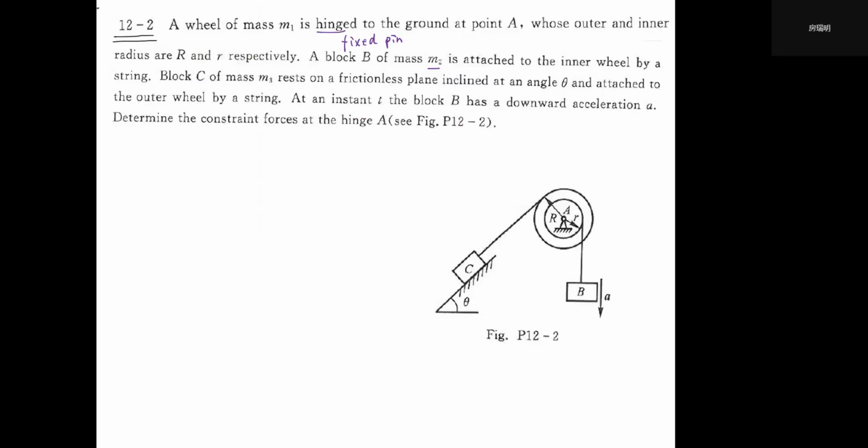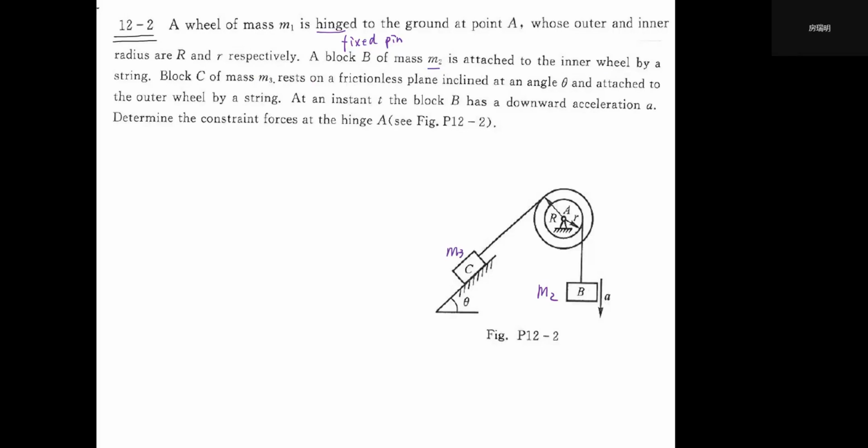And this is a block with mass M3. It rests on a frictionless plane inclined at angle theta and is attached to the outer wheel by a string. So this is M3, and we have block B with M2, attached to the inner wheel by a string.